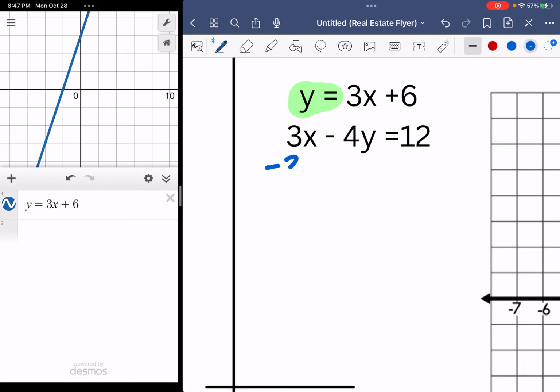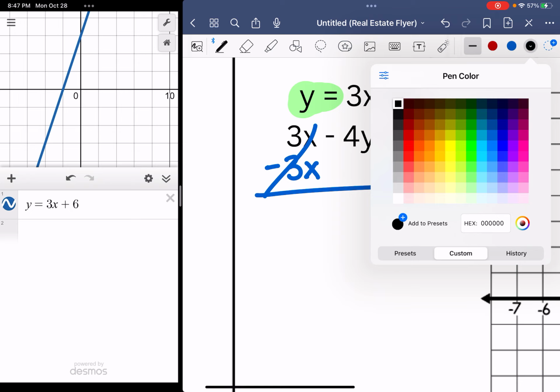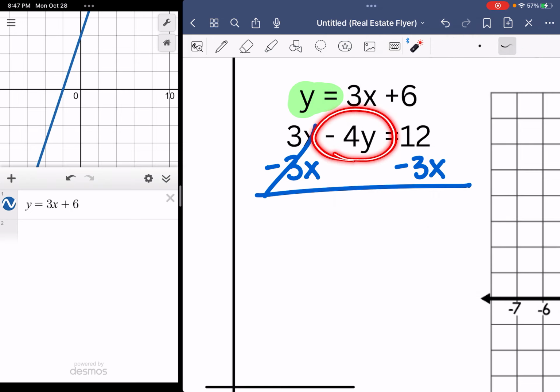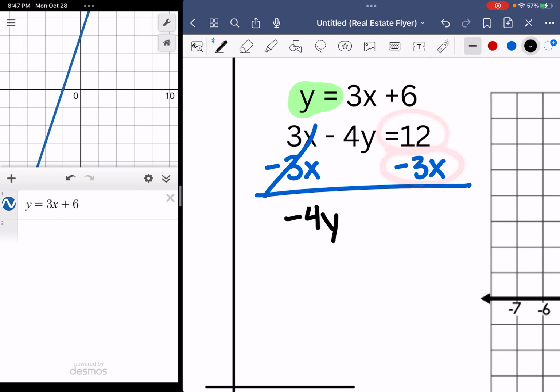So my first step, I'm going to move my x term. That's going to leave me right here with -4y equals 12 minus 3x.